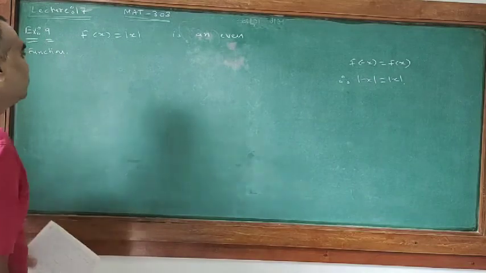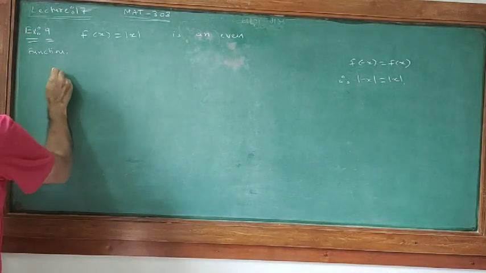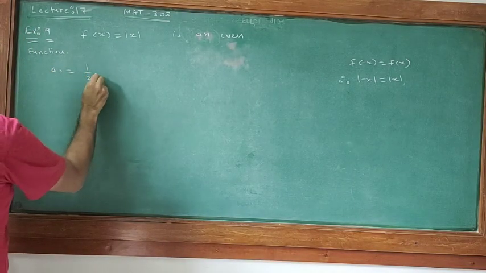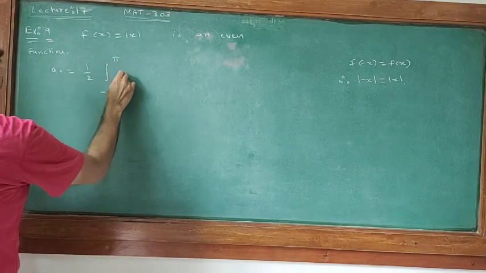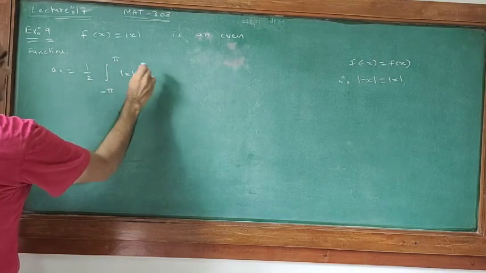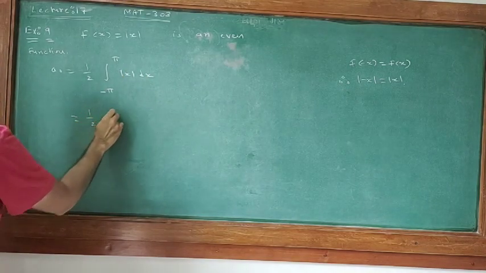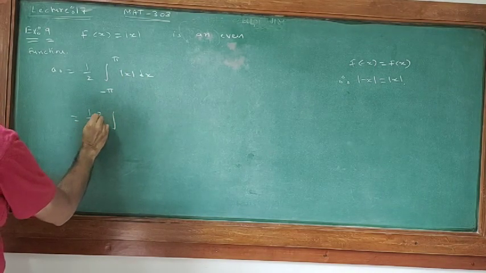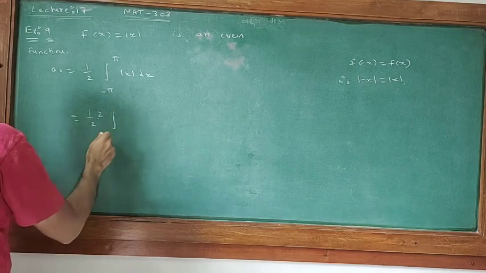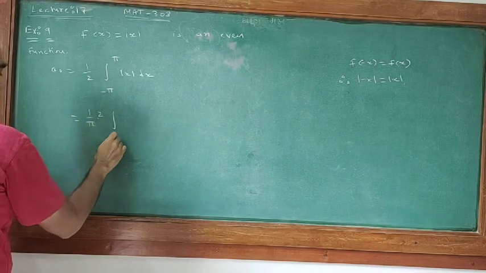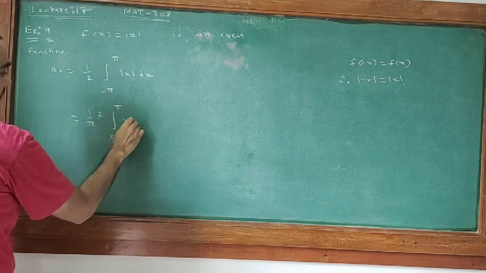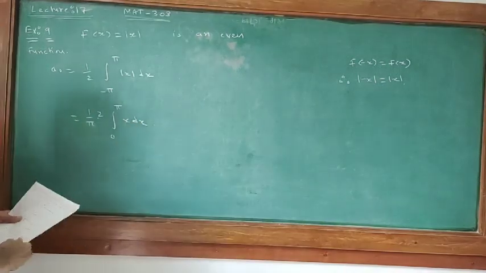For that, we start with a0 equal to 1 upon pi, integral from minus pi to pi of mod x dx. This is equal to 1 upon pi times 2, integral from 0 to pi of x dx.